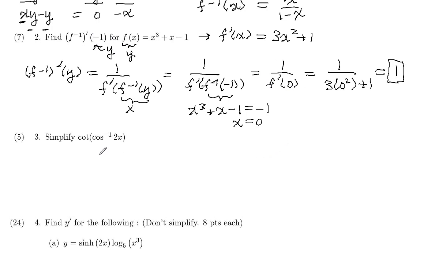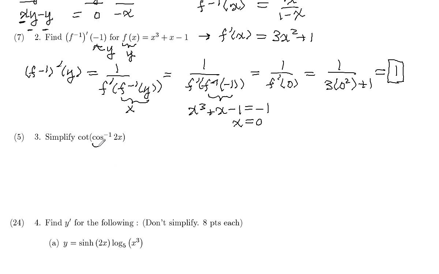In the next problem, they want us to simplify the cotangent of inverse cosine of 2x. So this problem is just kind of working with the definitions of the trig functions and their inverses. So remember that the inputs for inverse functions are the values of the trig functions, and the outputs are angles.